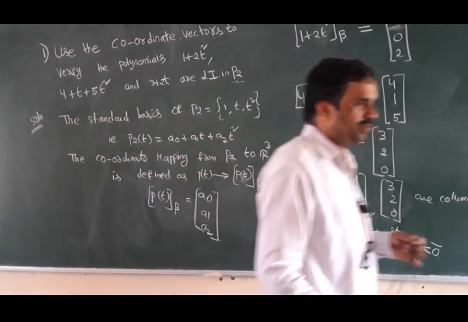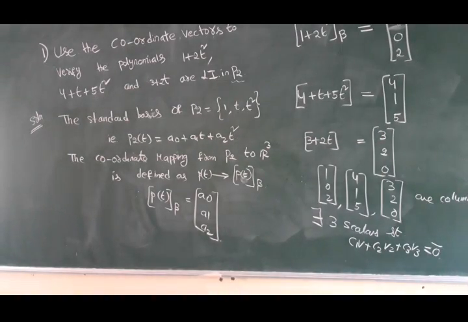Once again, check this problem. The vectors are given in terms of polynomials: first polynomial 1 plus 2t square, second polynomial 4 plus t plus 5t square, and third polynomial 3 plus 2t. We have to check whether these polynomials are linearly independent or not.